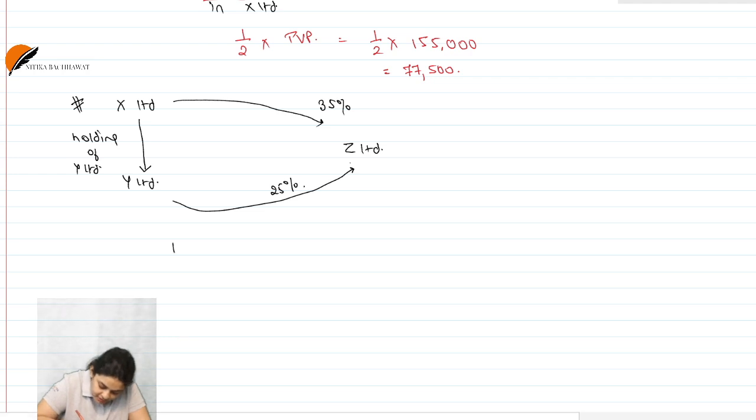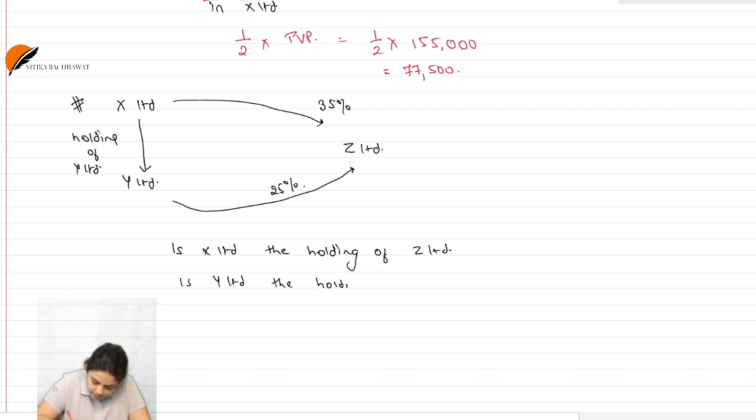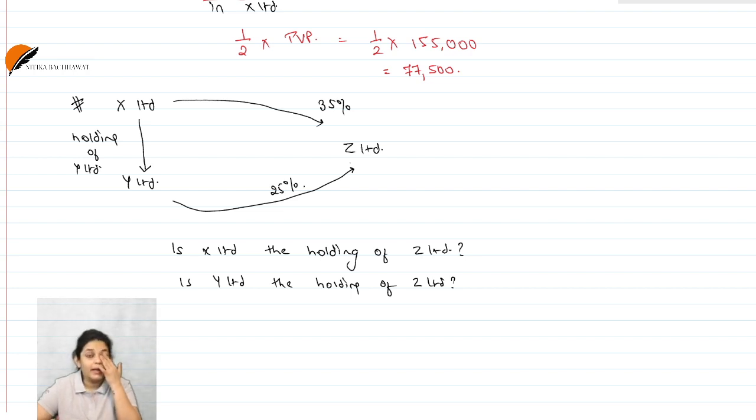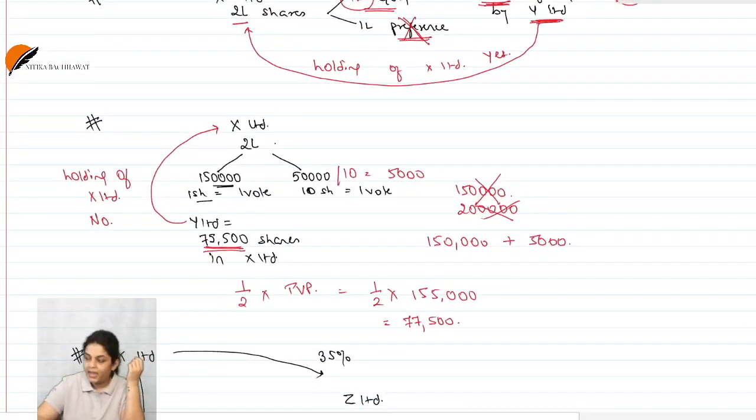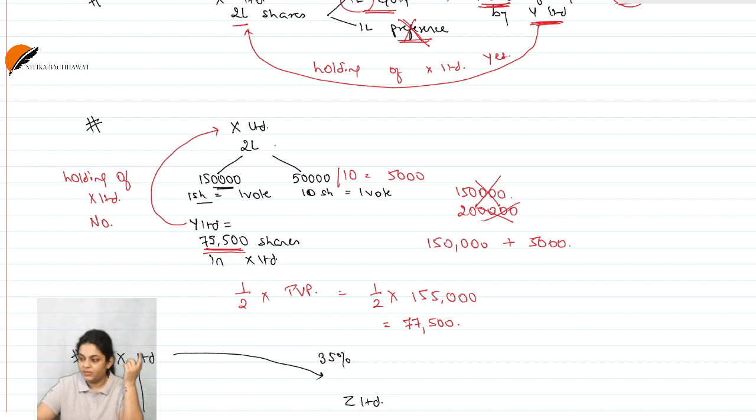My question is, first, is X Limited the holding of Z Limited? Is Y Limited the holding of Z Limited? Now let's take X Limited standalone. What is the holding? 35%. Is it the holding?